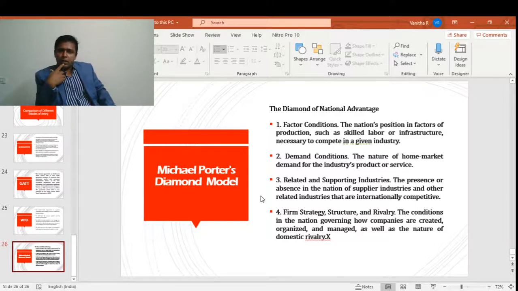the third factor that he says that you should have is related and supporting industries in your own country. That is, if you want me to elaborate, the existence or absence in the nation of supplier industries and other related industries that are internationally competitive.